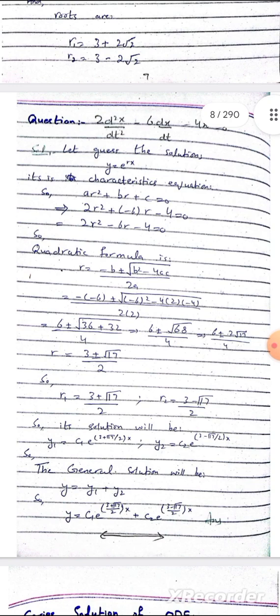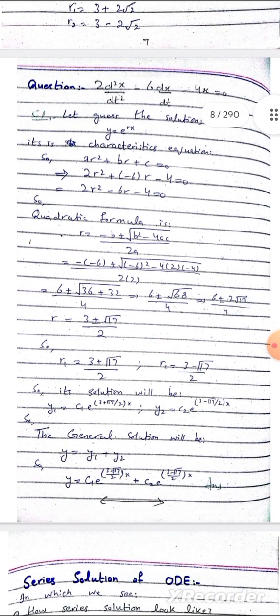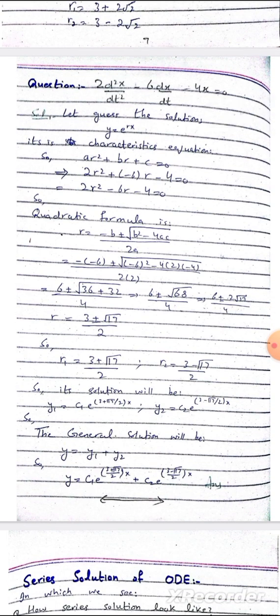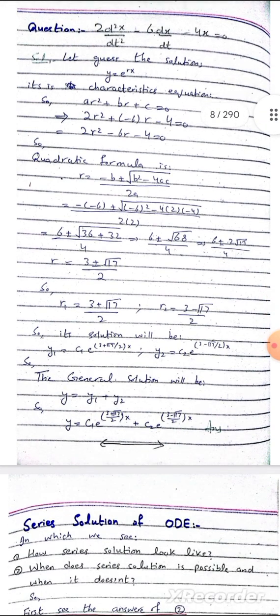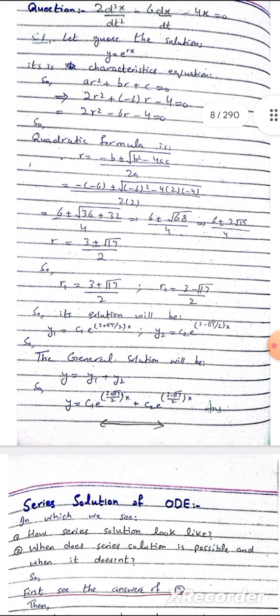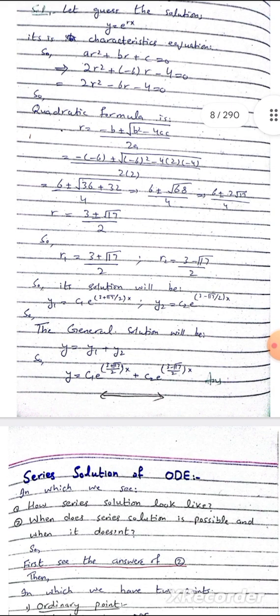By the quadratic formula we can find its roots as r1 is equal to (3 plus square root of 17) by 2, and r2 is equal to (3 minus square root of 17) by 2.